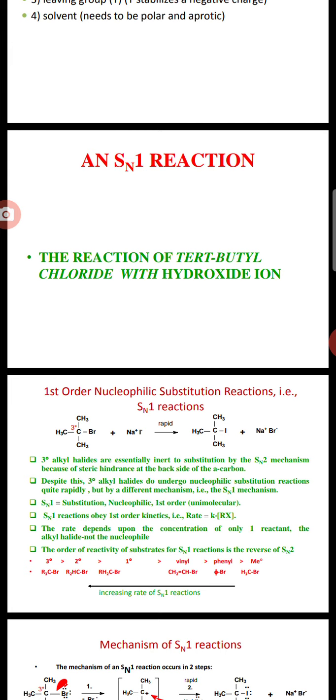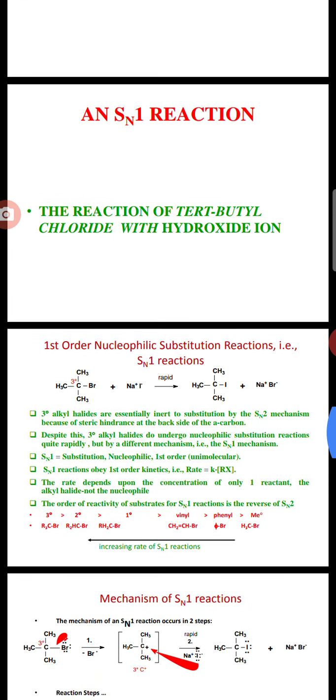Alkyl halides essentially undergo the SN2 mechanism unless there is steric hindrance at the back side of the alpha carbon. Despite this, the tertiary alkyl halide undergoes nucleophilic substitution, with the halogen acting as a good leaving group.